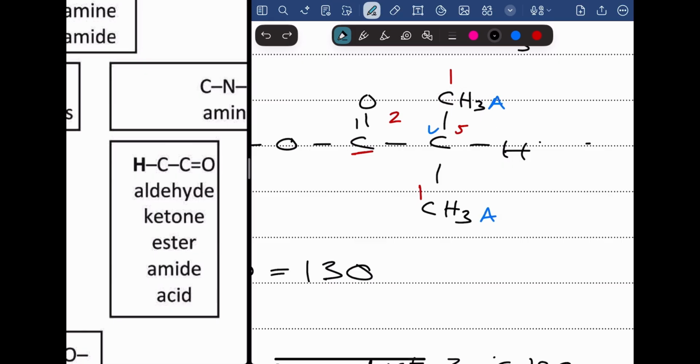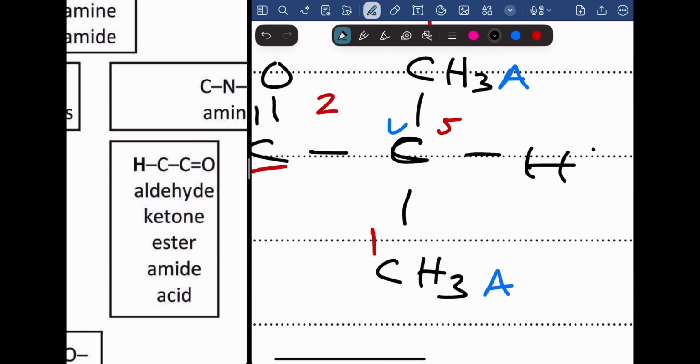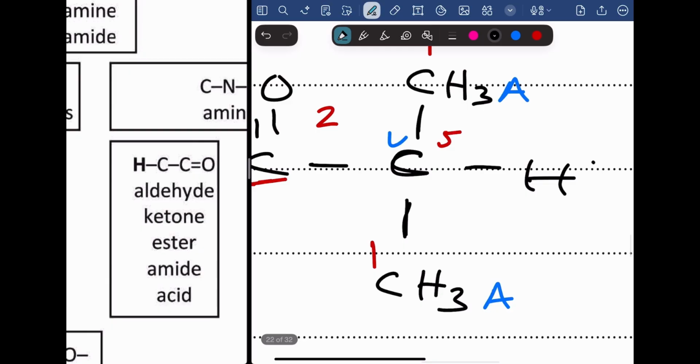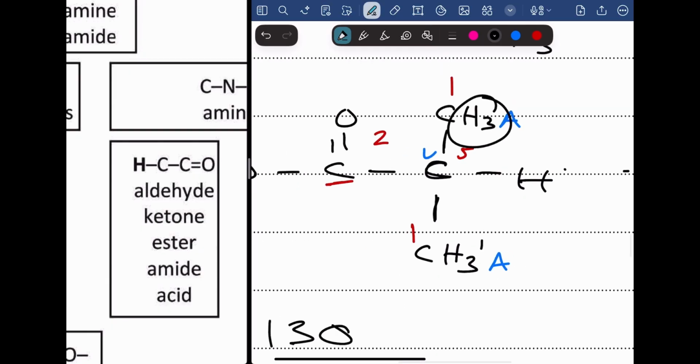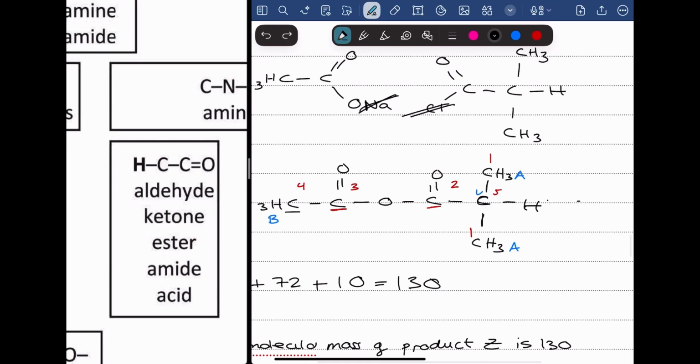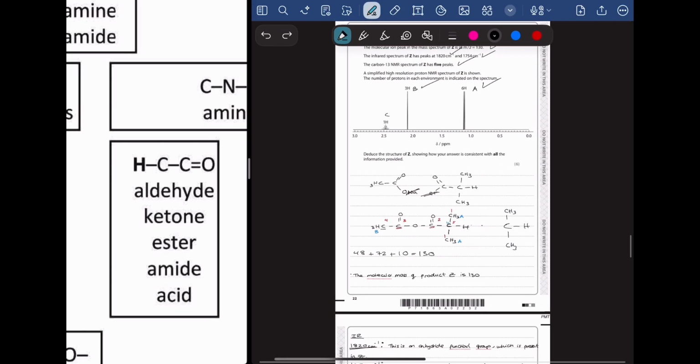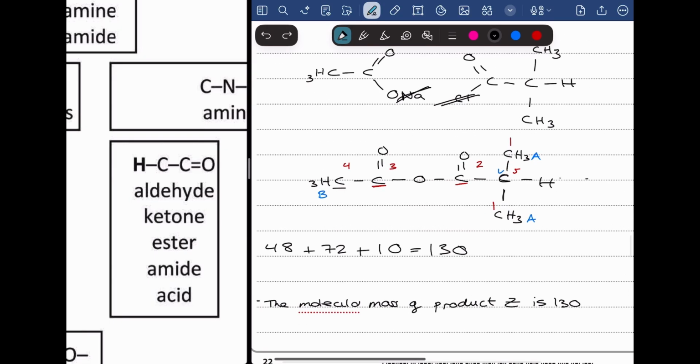So we can say that this carbon here is attached to 2 of the same CH3 groups in the same environment, and the total number of hydrogens is 6 for both of them, right? Because we have 3 here and 3 here, which would lead to 6. And then obviously using the n+1 rule, that would mean that it presents a septet in the NMR spec. So again, that aligns with our data.